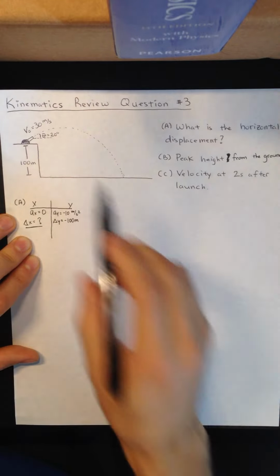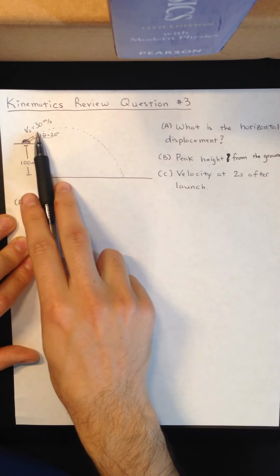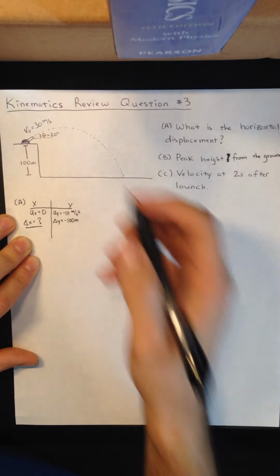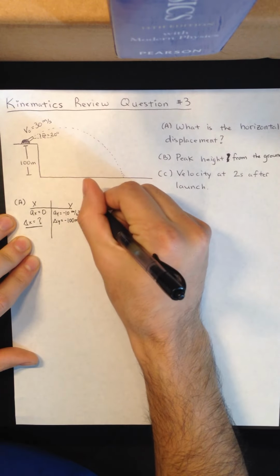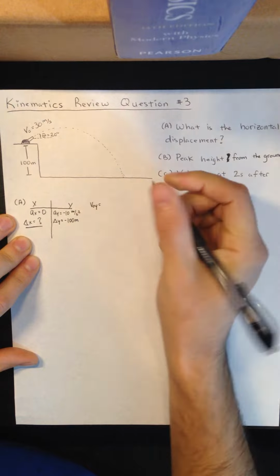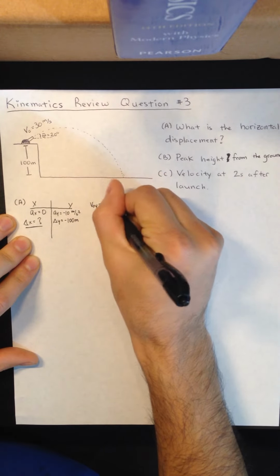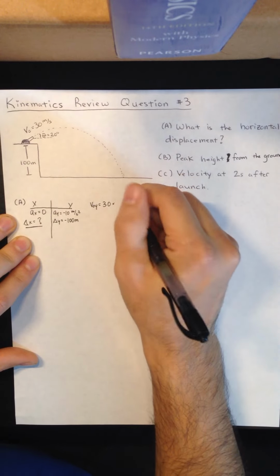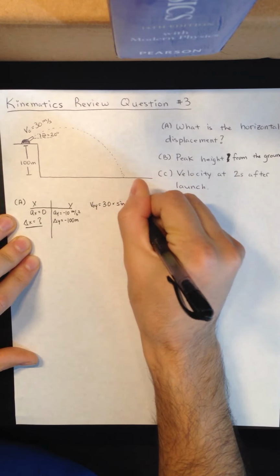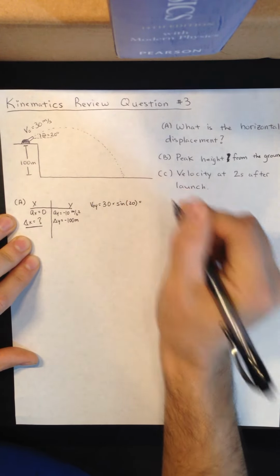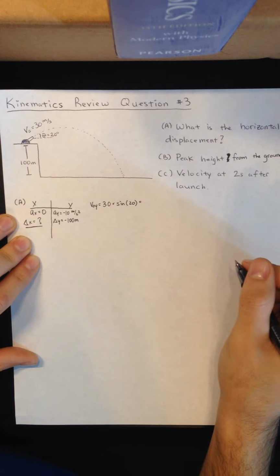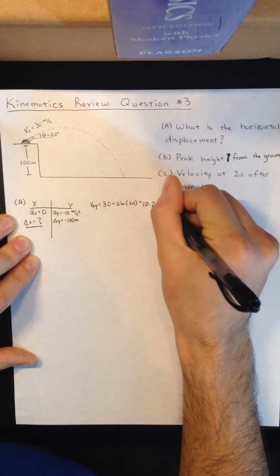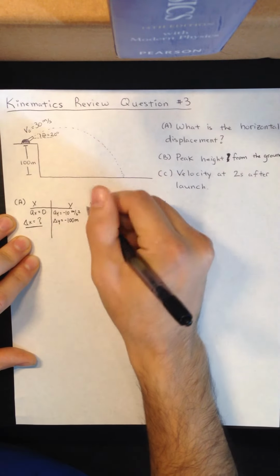And what else do we know? Well, we can't find that. We know the initial velocity, but let's find what the velocity is in the X direction and in the Y direction. So the initial velocity in the Y is equal to 30 times sine of 20, which turns out to be 10.26 meters per second.